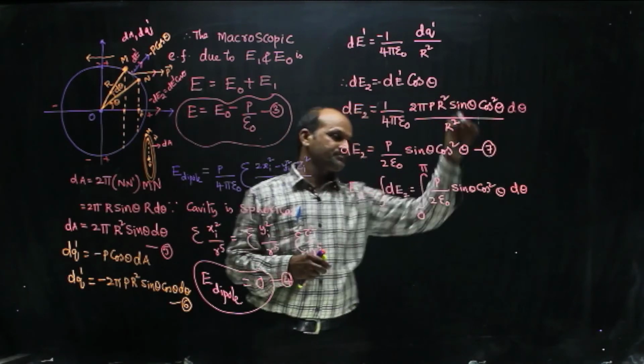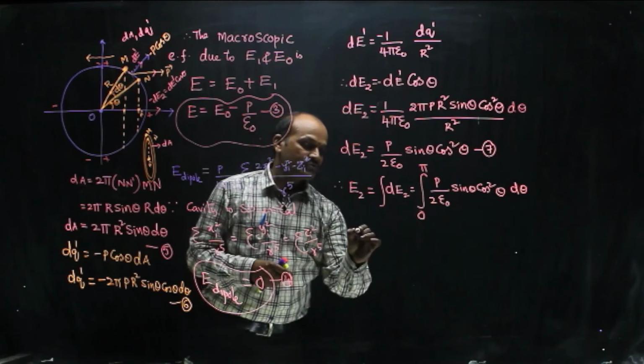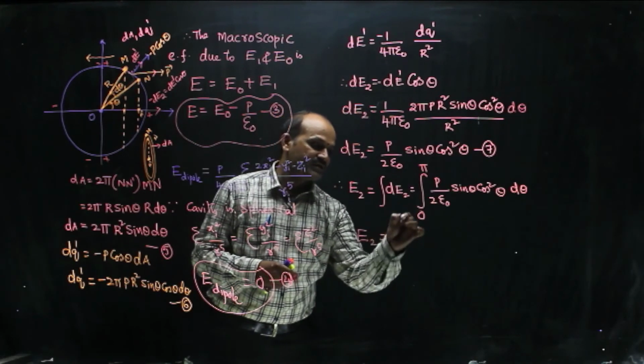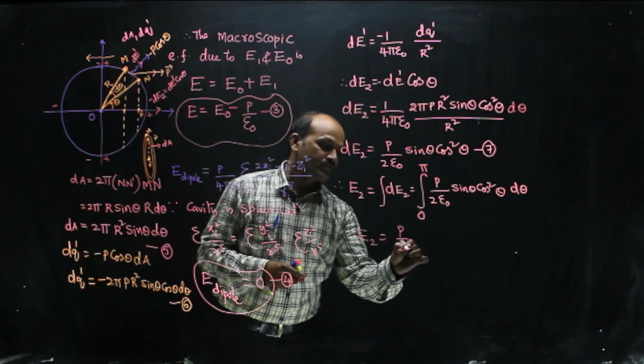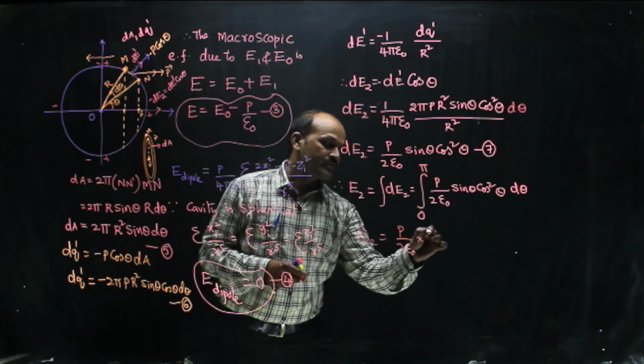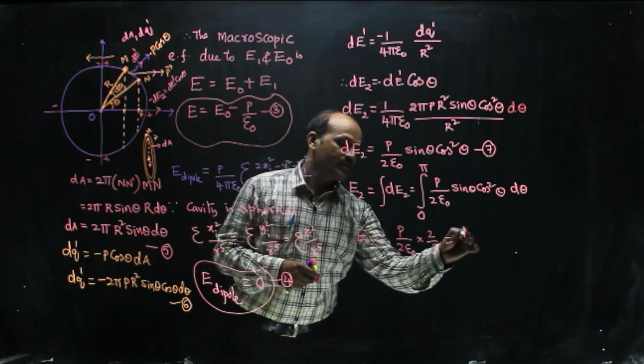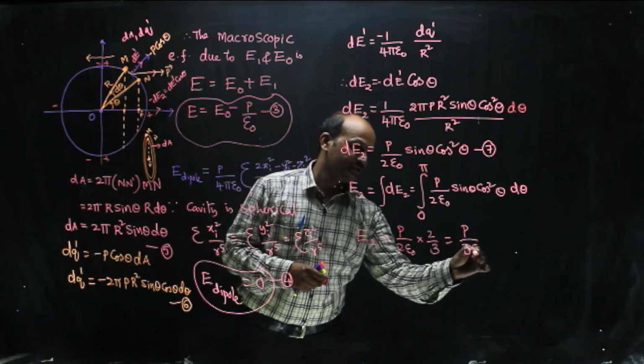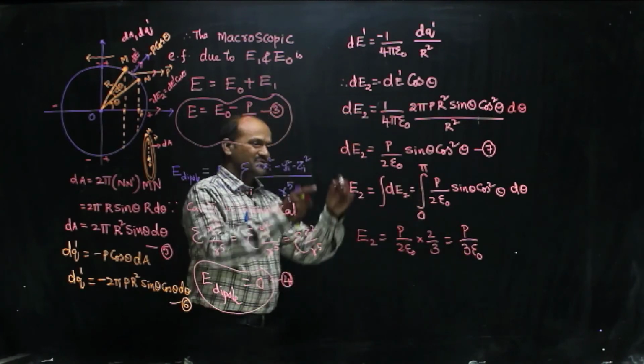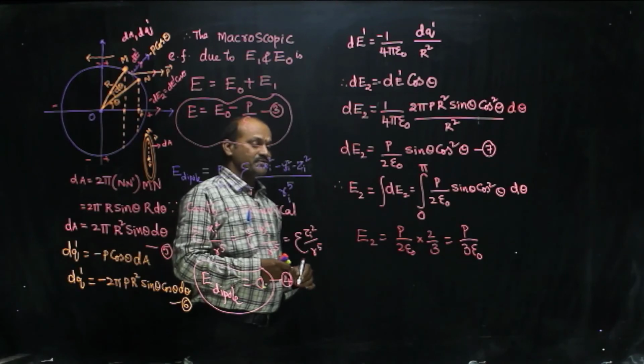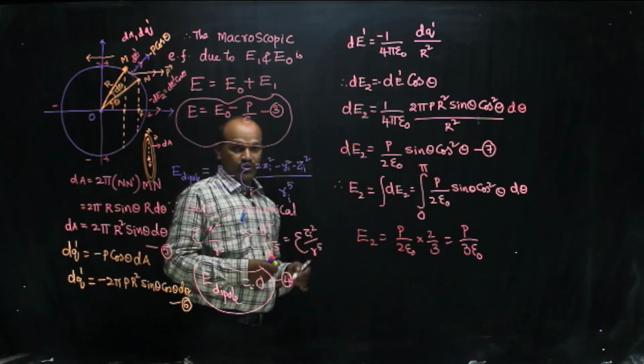Good. So finally, if you integrate that equation, E2 is P by 2 epsilon naught into 2 by 3. This is P by 3 epsilon naught. You can do that mathematics. So E2 is P by 3 epsilon naught.